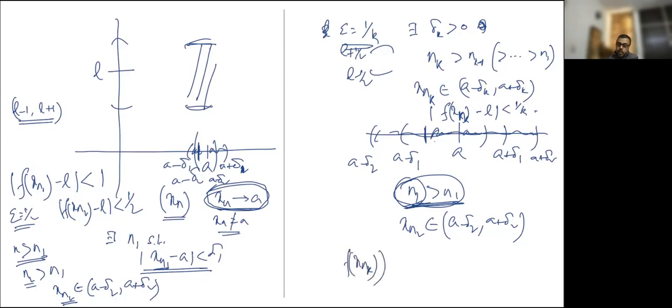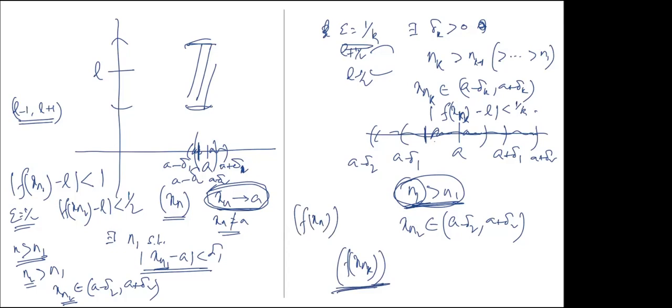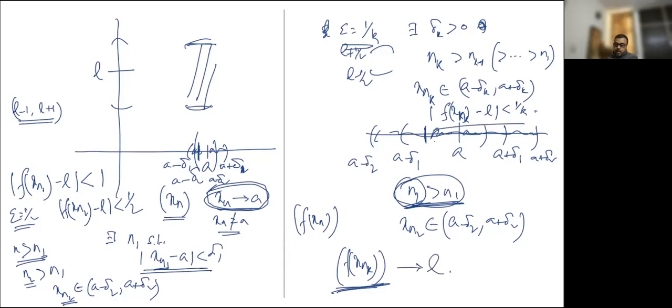What I'm asking is, what can we say about this sequence? Not the original sequence, not the f(xn) sequence, but this. It converges to L. Converges to L. Okay.